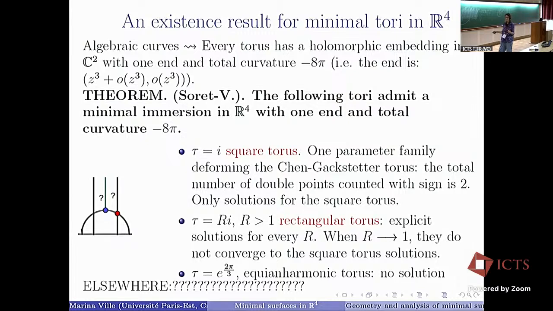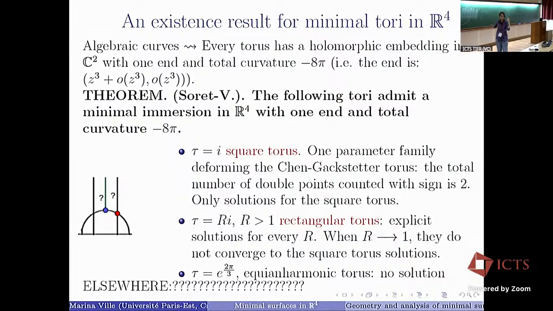You have the Schoen-Gaxteter torus in R3, and you can deform it into Schoen-Gaxteter tori in R4 while staying on the square torus, or you can deform them by these rectangular tori in R4. I'm sorry, and this is not a typo. This corresponds to 2 stages: at first, we really thought they did not converge, and then we realized, no, they do converge.